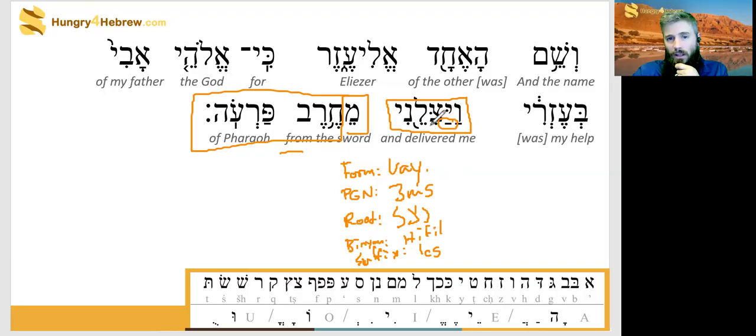And the chirik should be chirik yod, but here it's not, a bonus. It's a hifil, causative, causing, rescuing. He delivered, and then he delivered me, mecherev paro, from the sword of Pharaoh. Nice, well done. Questions?